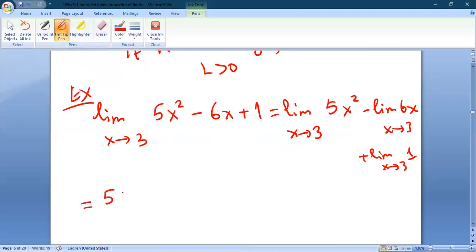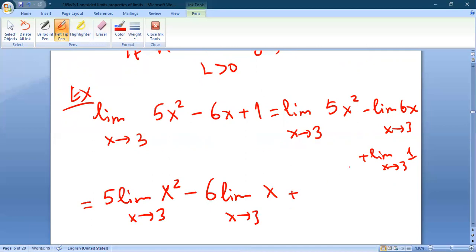So the next step will be 5 times the limit as x goes to 3 of x squared, and then take that minus 6 out, the limit as x goes to 3 of x, and then the limit of the constant function is that constant, which is 1 in this case.